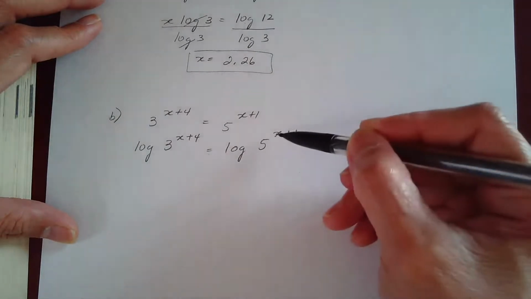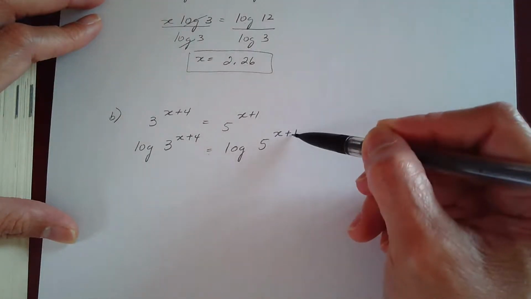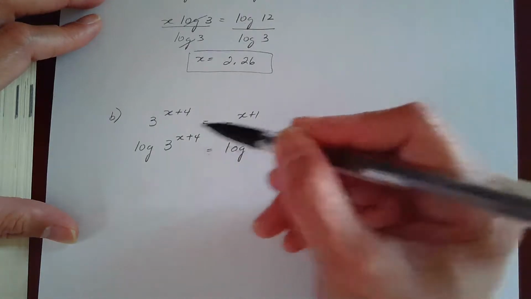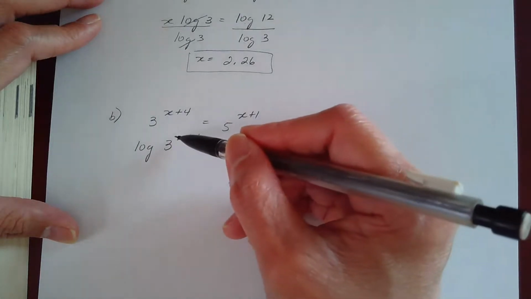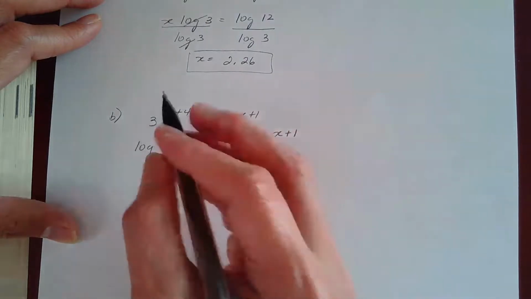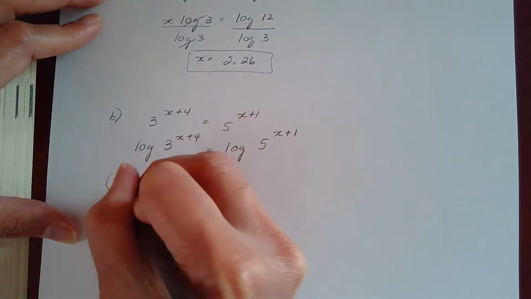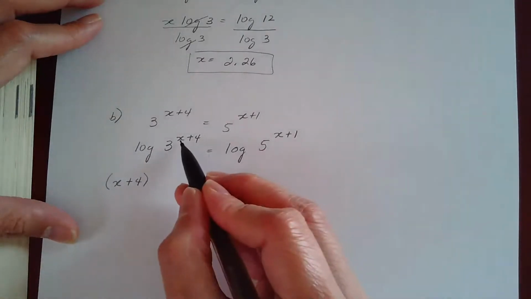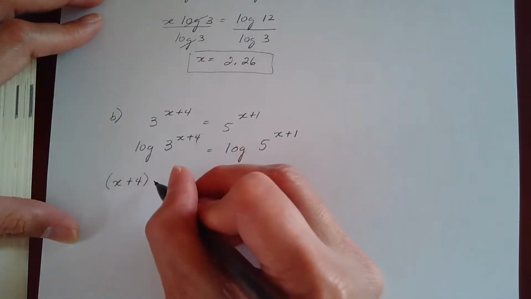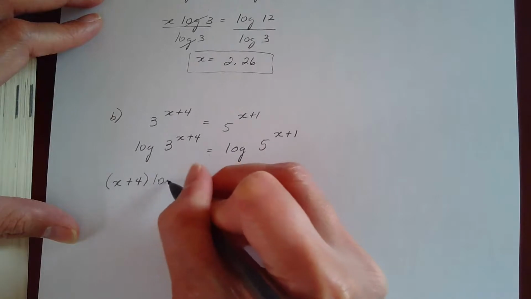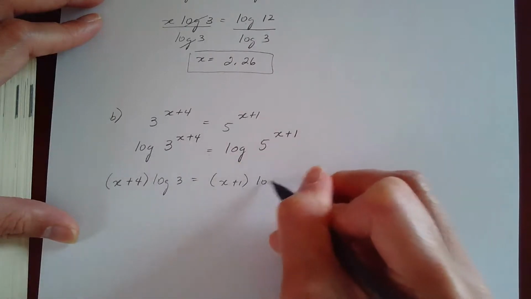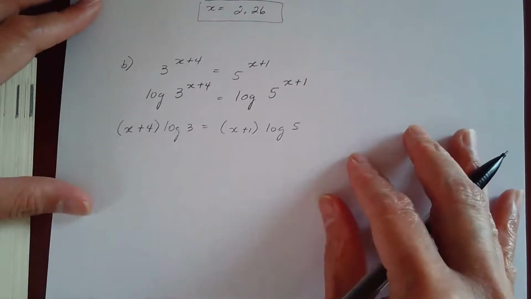From here, we're going to use the logarithm rules and bring the x plus 1 to the front. Same thing with x plus 4, logarithm rules, bring it to the front. So it becomes x plus 4. I have to remember to put it in brackets because it's a binomial up there. Log 3, and this is x plus 1, log 5.